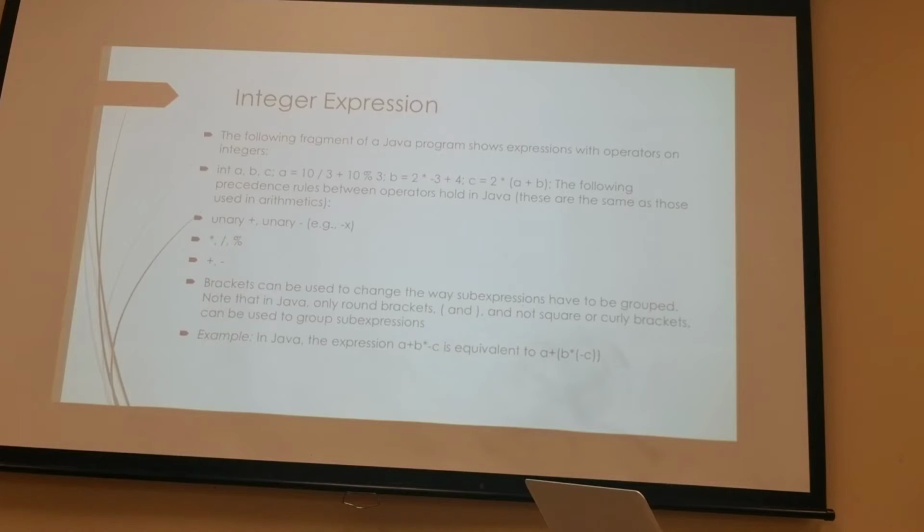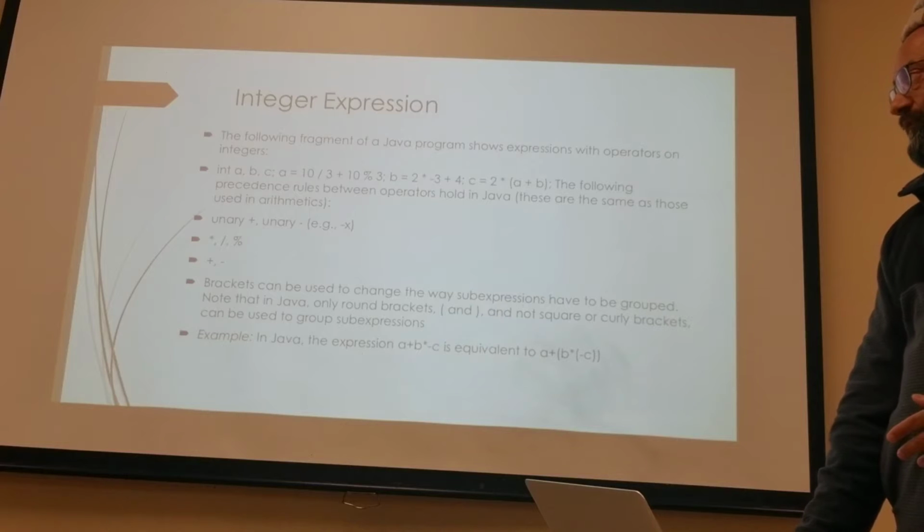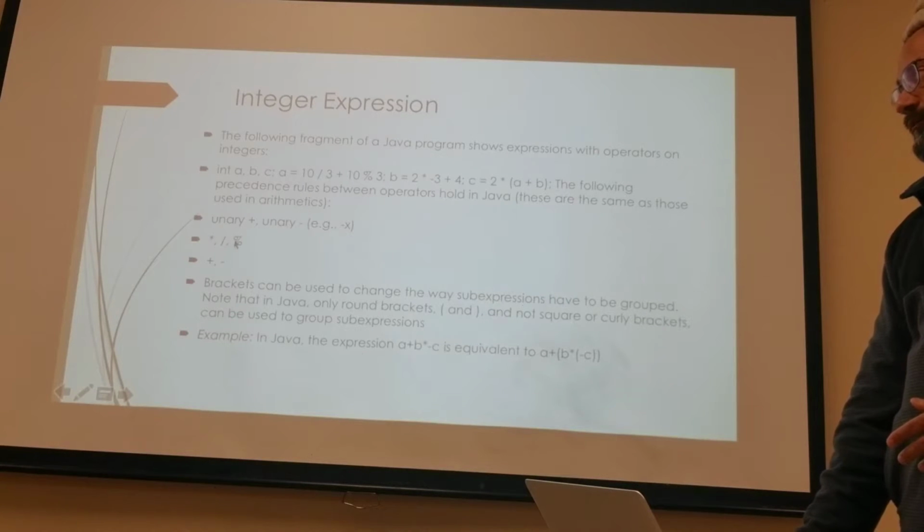So it is called precedence rules. The precedence rules are for quite a few things. But precedence means which will take precedence. So if I have a big expression, which one will be done first, and then the next, and then the next. There's something called unary, we will talk about it.